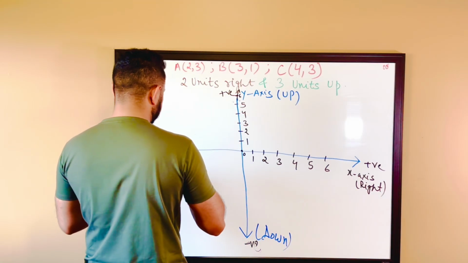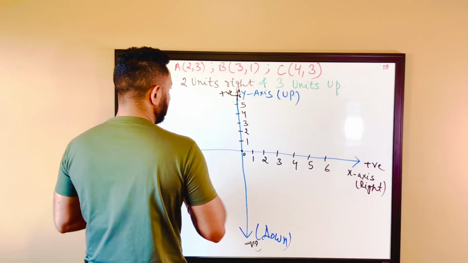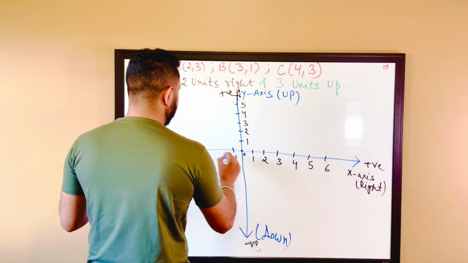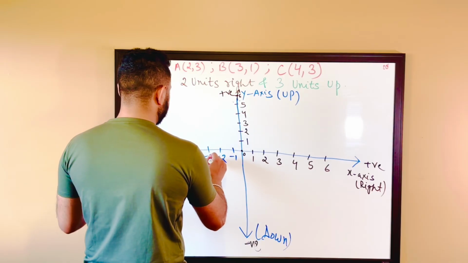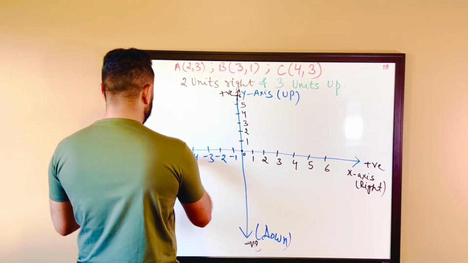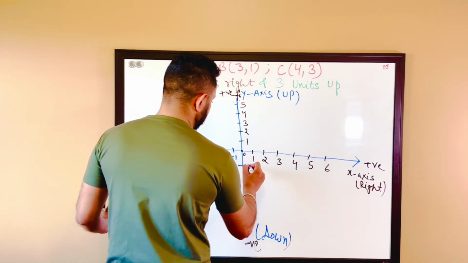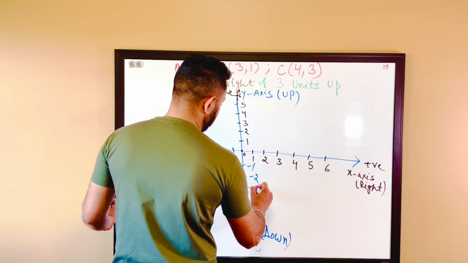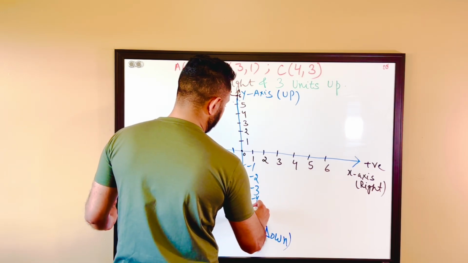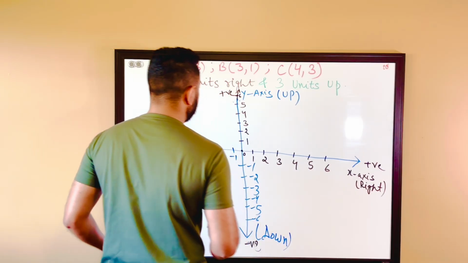And this is -1, -2, -3, -4, -5, -6, and -1, -2, -3, -4, -5, and -6.